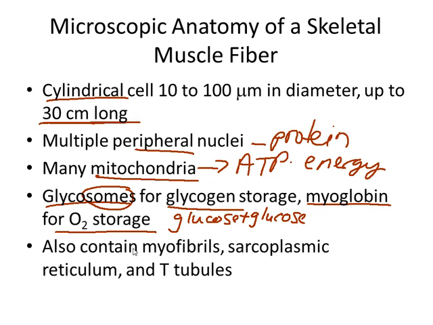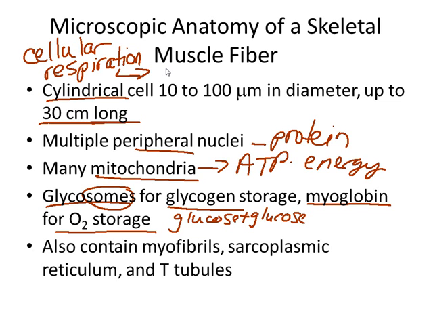Do you remember that thing called cellular respiration? What was cellular respiration? That's how you do what? How you make ATP. All right, it's going to come back. We're going to go back to cellular respiration again.